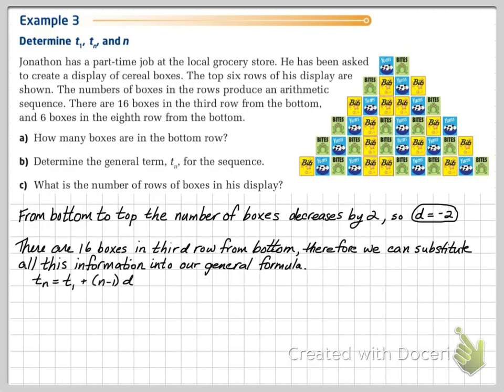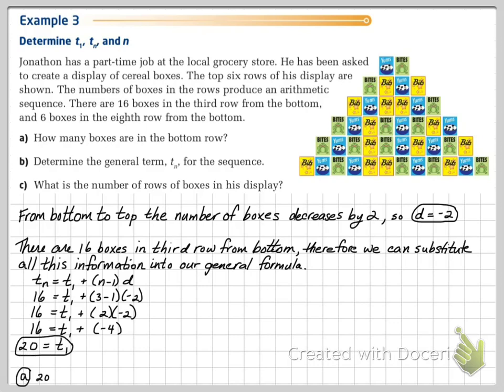Tn is equal to T1 plus n minus 1 times d. Now, 16 is equal to term 1 plus 3 minus 1, because it's the 3rd row from the bottom, times the common difference, which is negative 2. And if we clean all this up, you're going to find that term 1 is going to equal 20. Okay, we have 20 boxes in the bottom row.